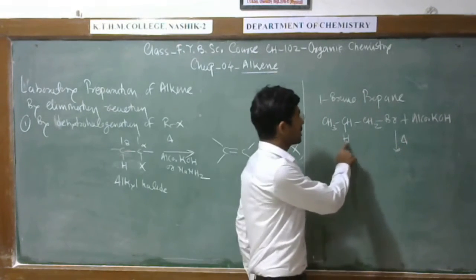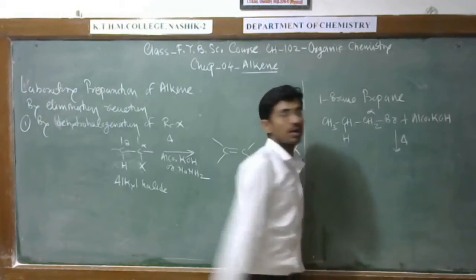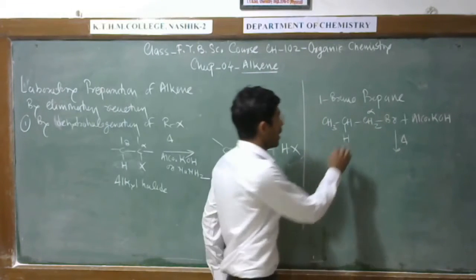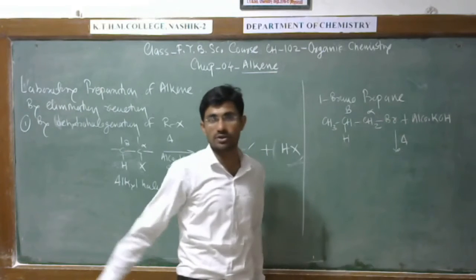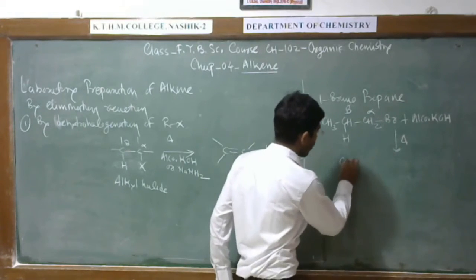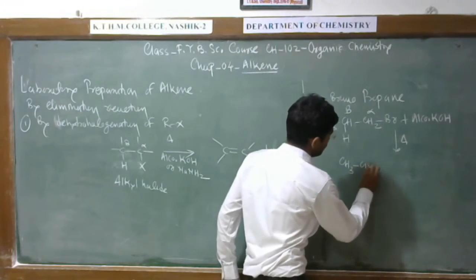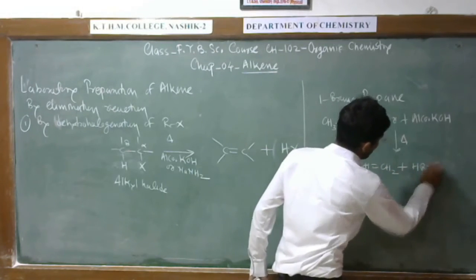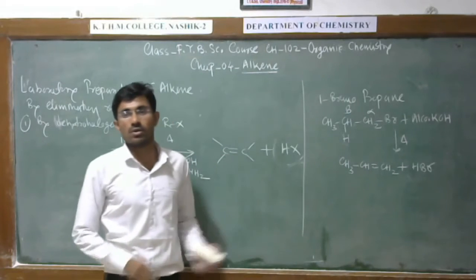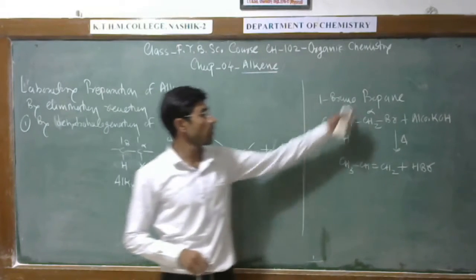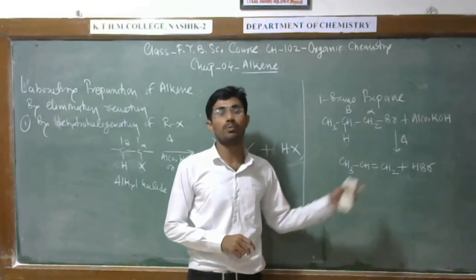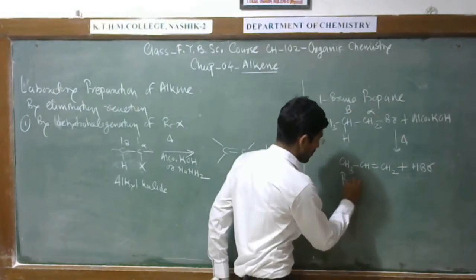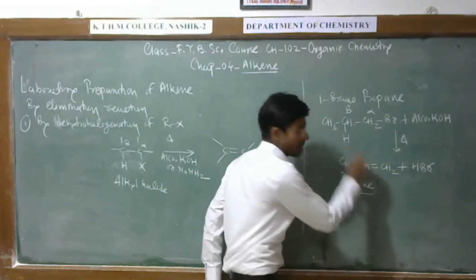There is a loss of H and Br. From the alpha carbon there is loss of Br, and from the beta carbon loss of hydrogen. So overall there is loss of HBr. In this way, from 1-bromopropane we can prepare the propene compound.